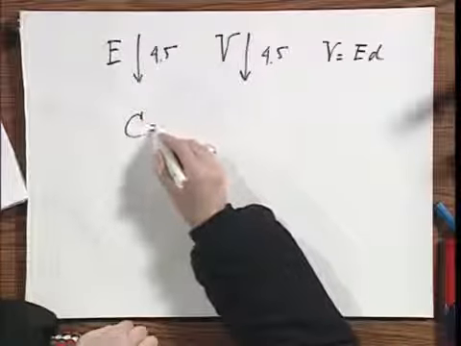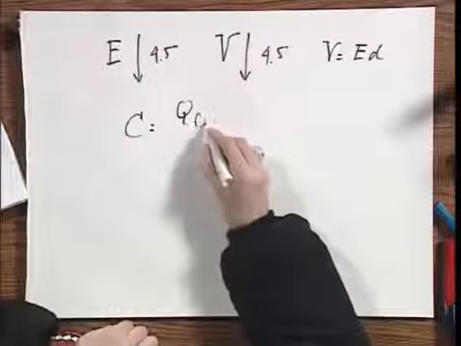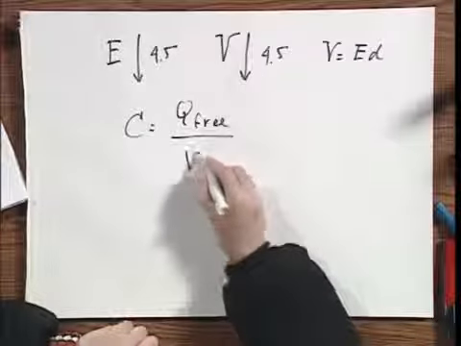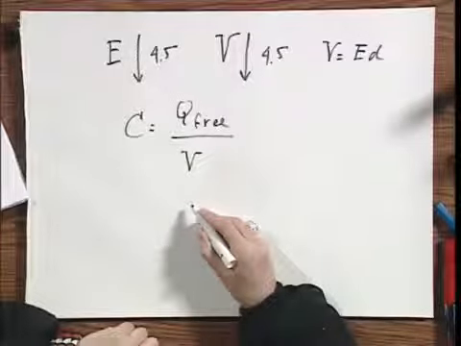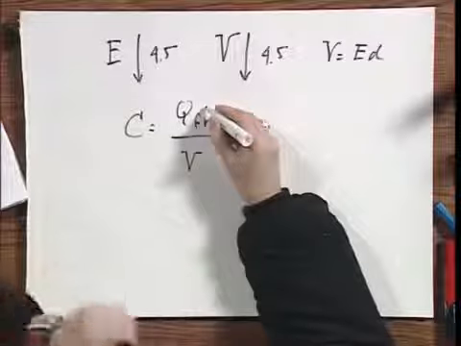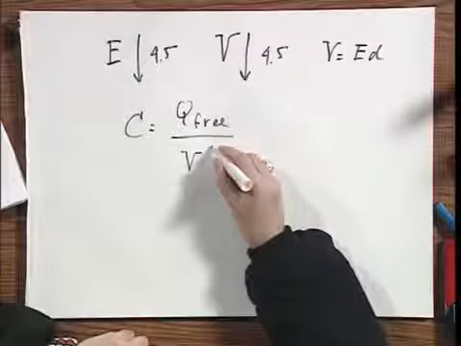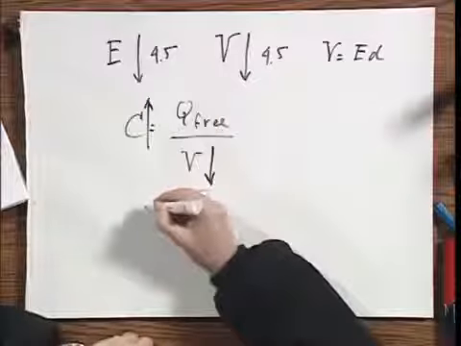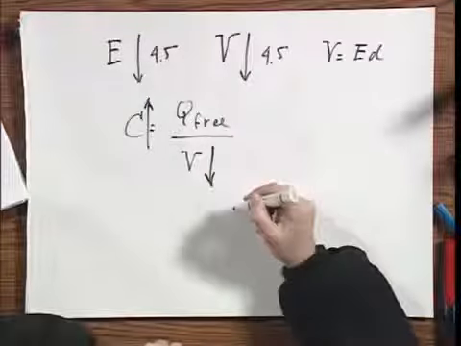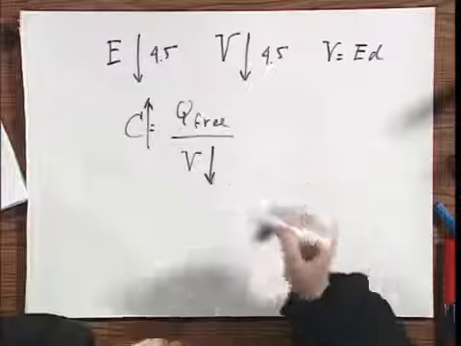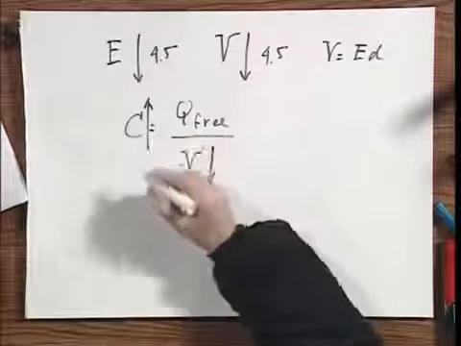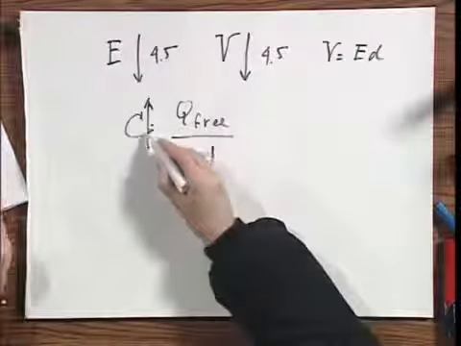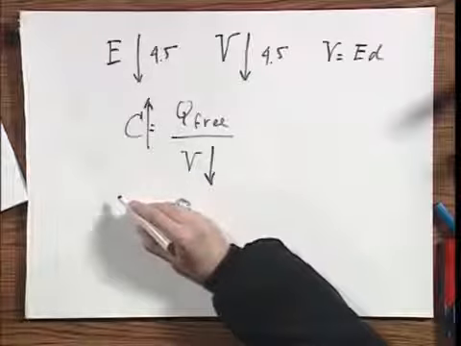C equals Q free divided by the potential difference. Q free is not changing, the potential difference goes down, and so the capacitance goes up by a factor K. So with the dielectric, the capacitance is 4.5 times larger.